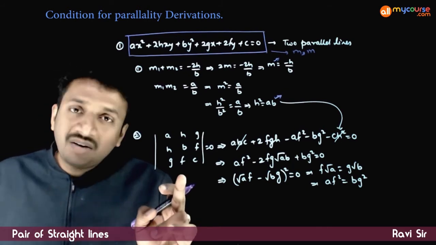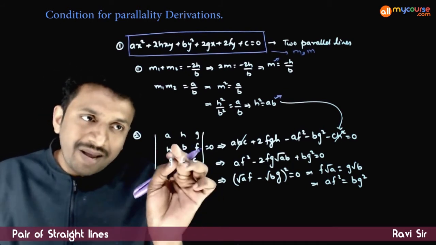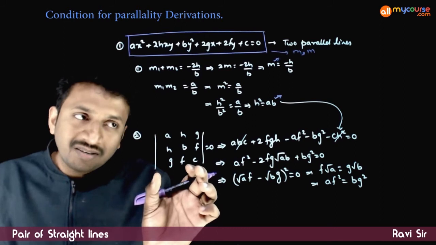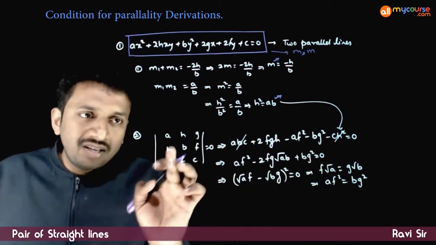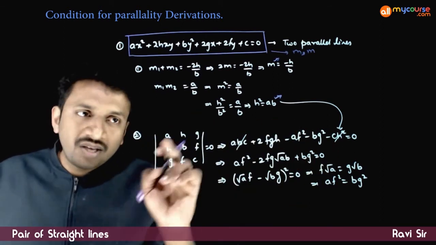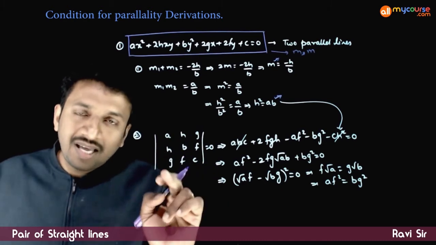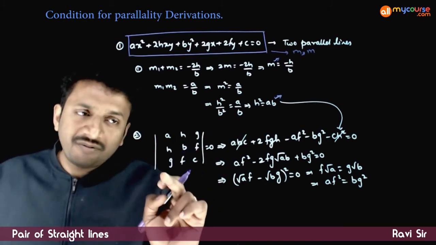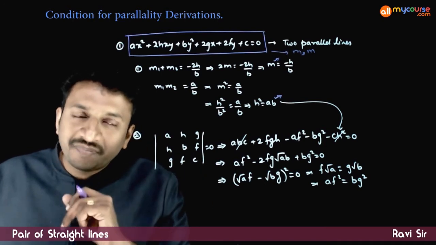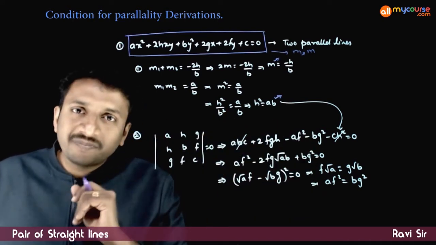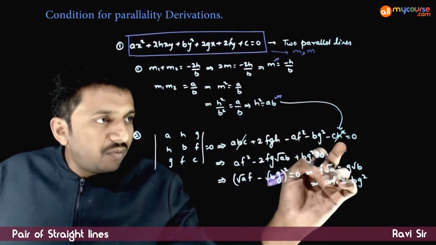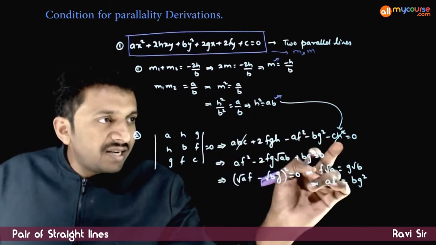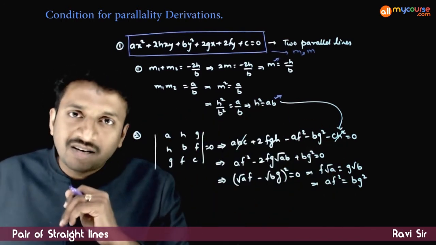If you expand this determinant, you get this condition: a times bc minus f square minus h times hc minus gf plus g times hf minus bg. h square is already equal to ab, so abc and abc will get cancelled out.